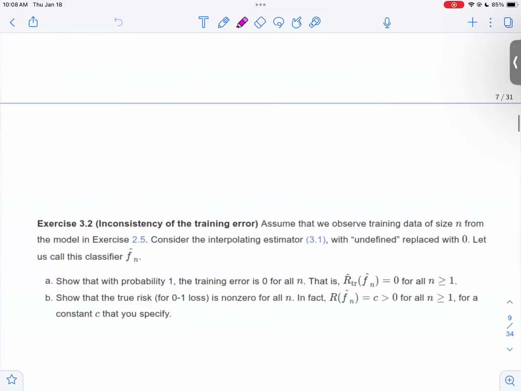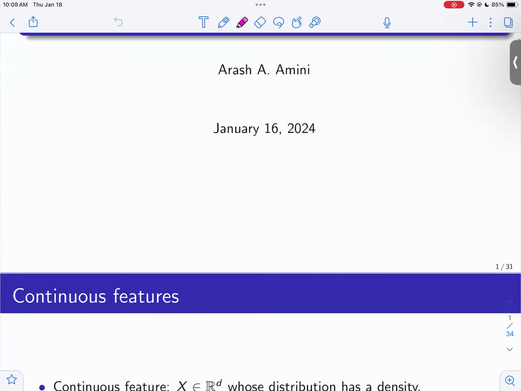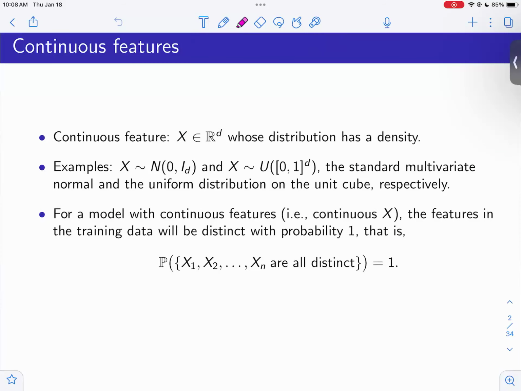Now let's move on to the next chapter of the notes, which is how to deal with a continuous feature. Suppose I have a feature vector in R^d, so it's a d-dimensional vector.